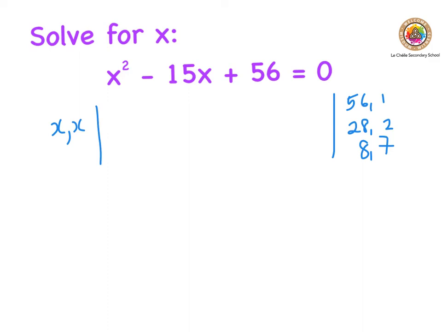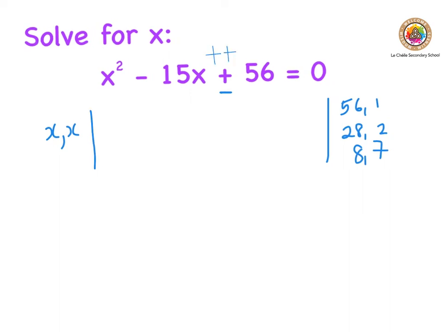The other thing that I look at here is that's a plus sign. So I know my factors are either 2 pluses or indeed 2 minuses. And I look at this one and I see it's a minus. So I know straight away I'm going to have 2 minuses. I do my brackets here.